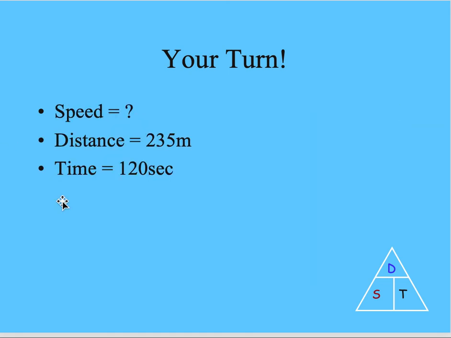Still looking for speed. Distance is 235 meters. Y'all try to calculate it. And 120 seconds. Put that in your calculator. All right, now if you have your calculator, you are getting a really big decimal. My decimal is 1.958333333.